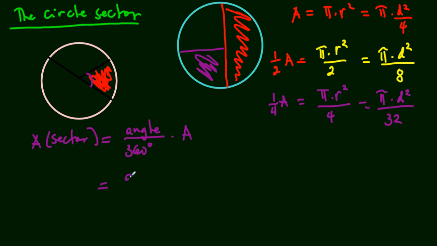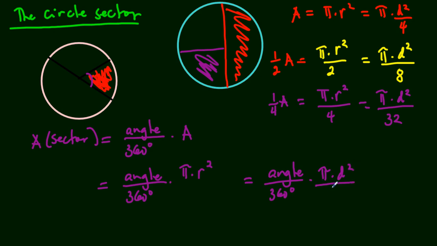So we have angle divided by 360 degrees multiplied by pi times radius squared, or angle divided by 360 degrees multiplied by pi times the diameter squared divided by 4. That's how you solve the area of a circle sector.